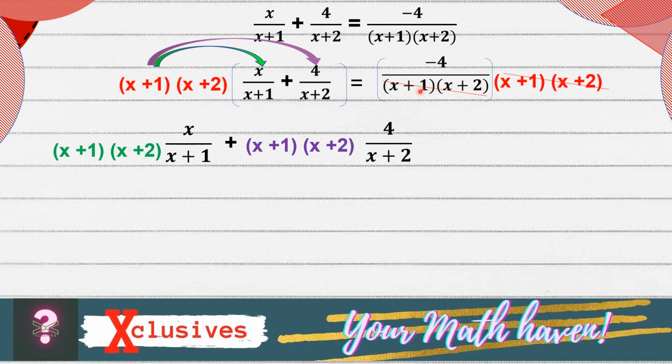We can cancel the product of x plus 1 and x plus 2 and our LCM. And the remaining term is negative 4.